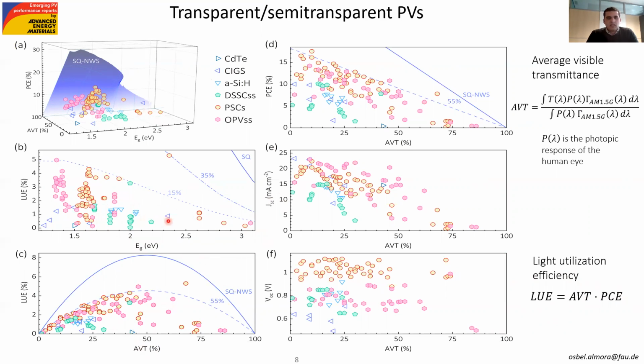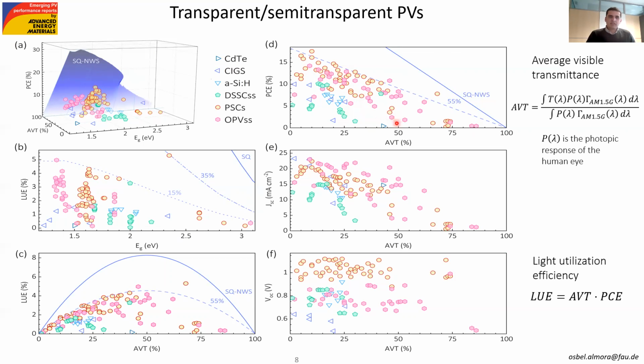In all cases, you can find that, for instance, in emerging photovoltaics like perovskites, organics, and some dye-sensitized, the results in transparent and semi-transparent photovoltaics are more significant than with more established technologies like thin film inorganic solar cells or amorphous silicon.